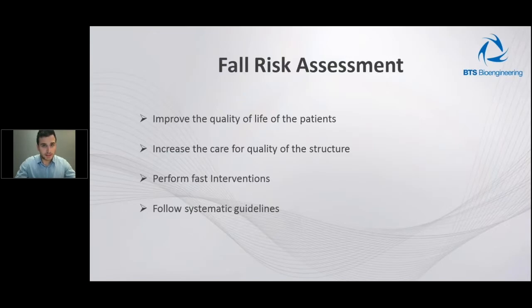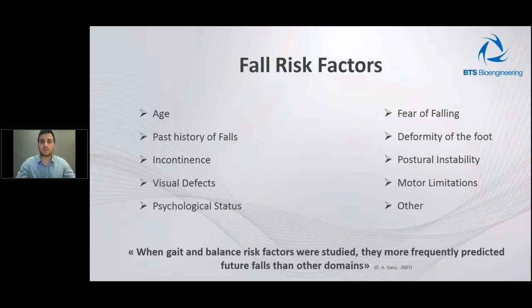In order to evaluate in the best way the fall risk, it's necessary to understand that falls are a complex phenomenon. The fall risk factors are several, such as age, a past history of falls, incontinence, visual defect, psychological status, fear of falling, deformity of the foot, postural instability, and finally motor limitation.